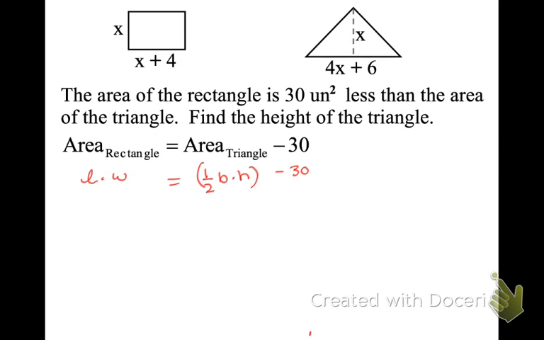So x times x plus 4 is equal to 1/2. The base is 4. It doesn't matter the order. I think I'm going to put the height first. 1/2 x times 4x plus 6 minus 30.